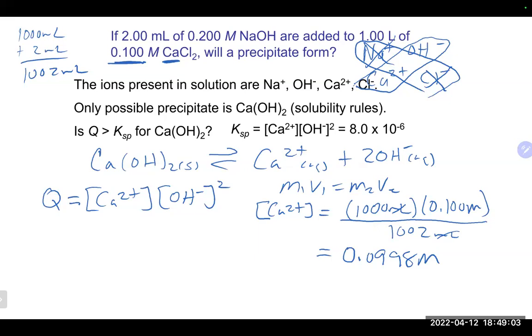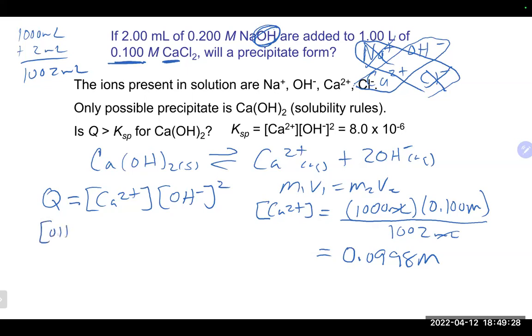Any questions on that? We would do the exact same thing for the hydroxide. This is our source of hydroxide, which is sodium hydroxide. By the way, it's a one-to-one relationship between sodium hydroxide and hydroxide, which is why we could use the 0.2 for both of them. And that's why we could use the 0.1 for the calcium on the bottom there, because again, it's a one-to-one relationship, how they break apart.